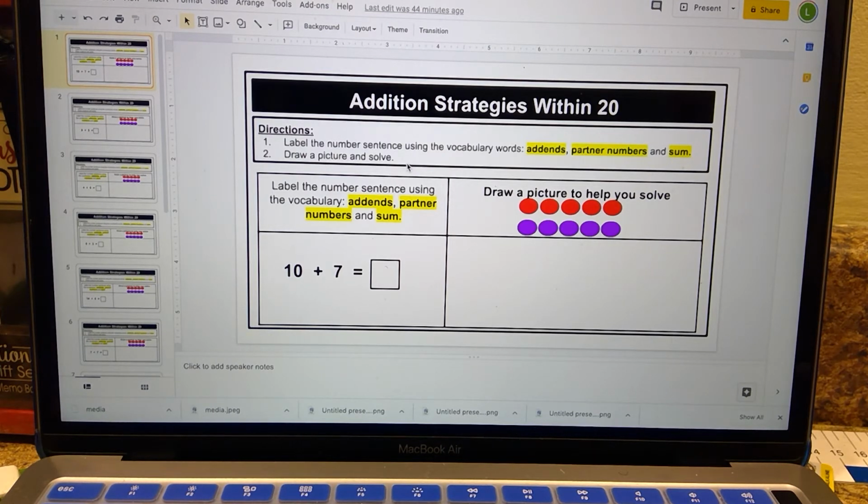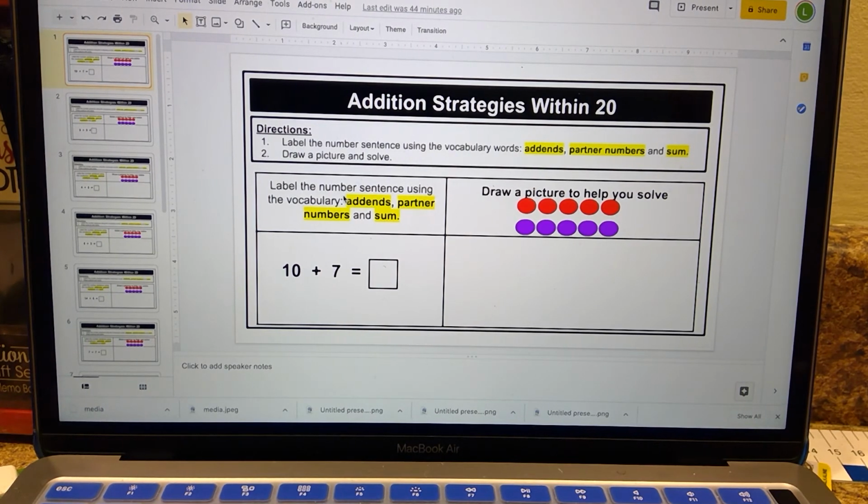So again, I'm going to do the same exact thing as I did on the other practice, okay? We're going to label the number sentence using the vocabulary additives, partner numbers, and sum. Let's look at the first number sentence. We have 10 plus 7 equals blank.